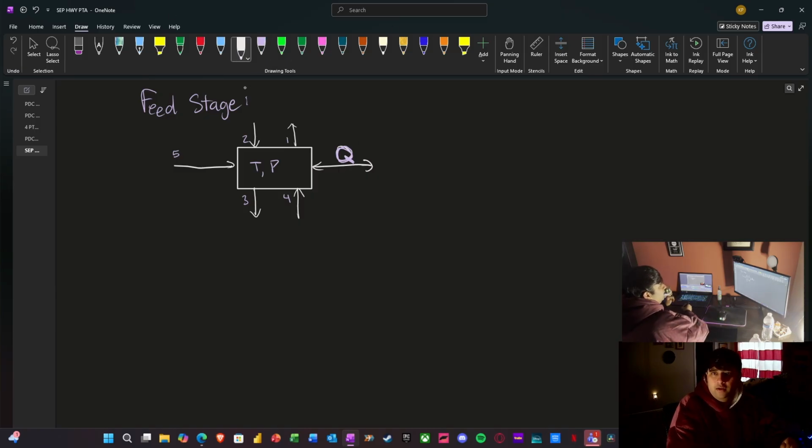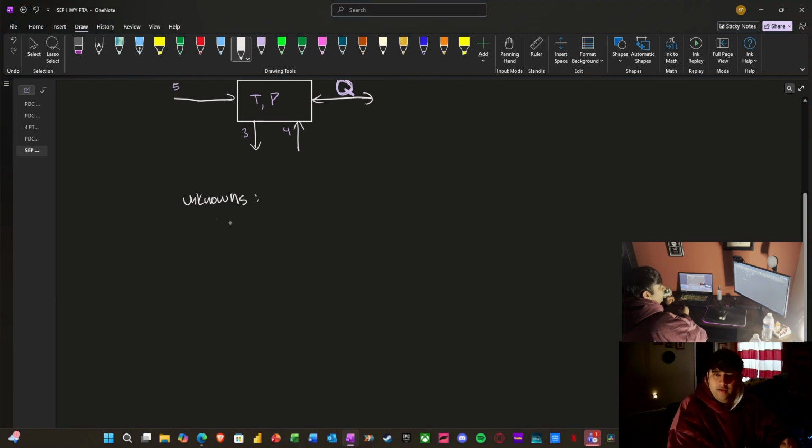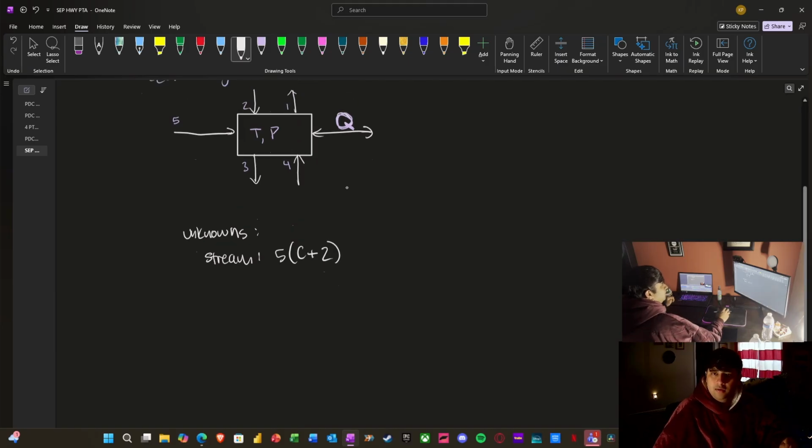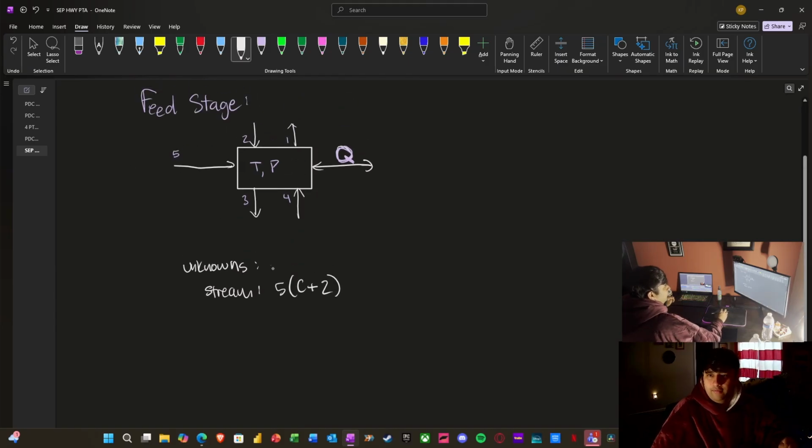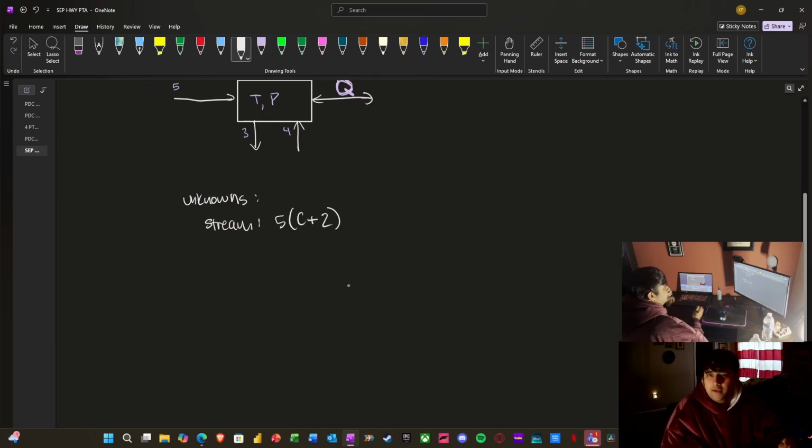So let's go ahead and jump right into finding out our degrees of freedom. So our unknowns within our stream, we're going to classify as 5 times C plus 2, as we have our 5 unknown streams.